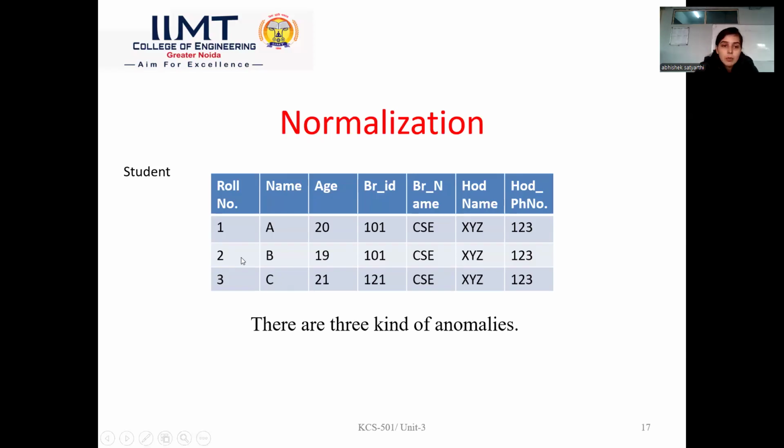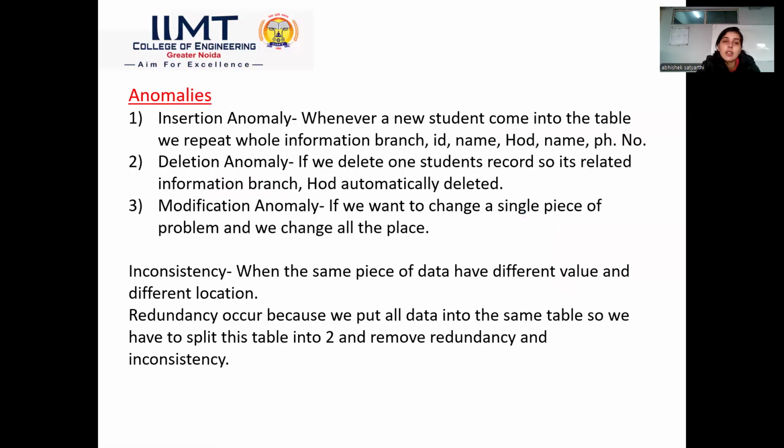Suppose we have a new student with roll number like 4 or 5, their name is X, age is 18, and the student registered in a department. So we have to write the same values again, like HOD name and HOD phone number. So this is the problem of insertion anomaly.